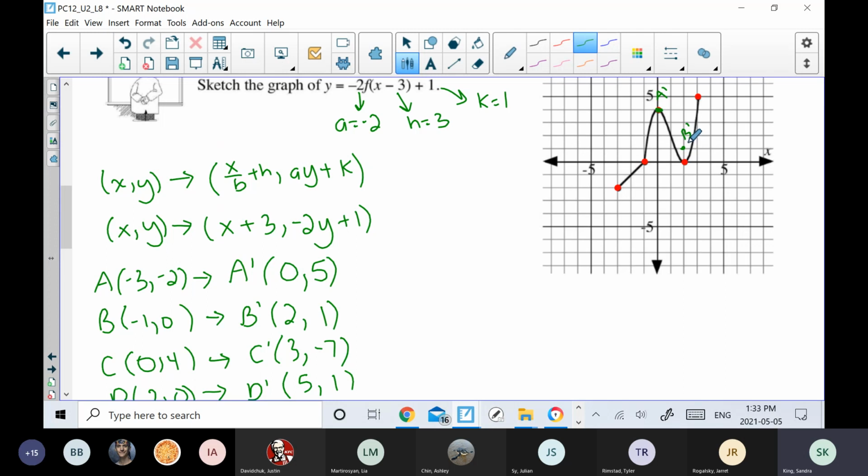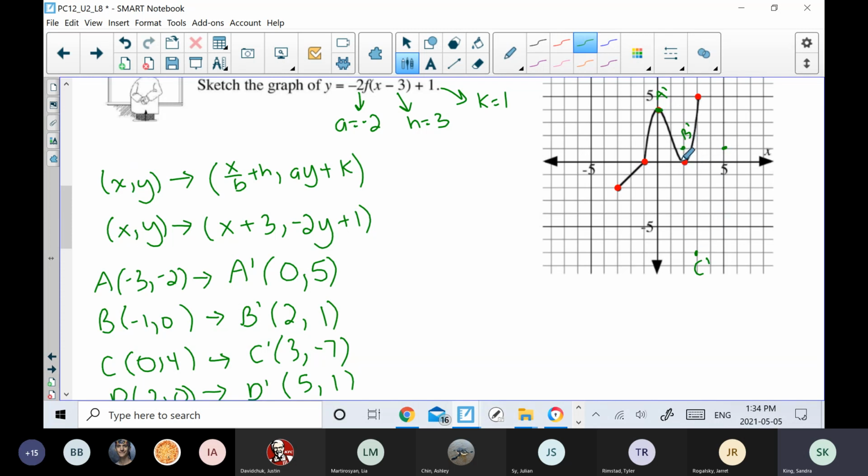And then C prime is 3, -7, which is down here. D prime is 5, 1. So like this parabola, which was like B, C, and D, is now B prime, C prime, and D prime.